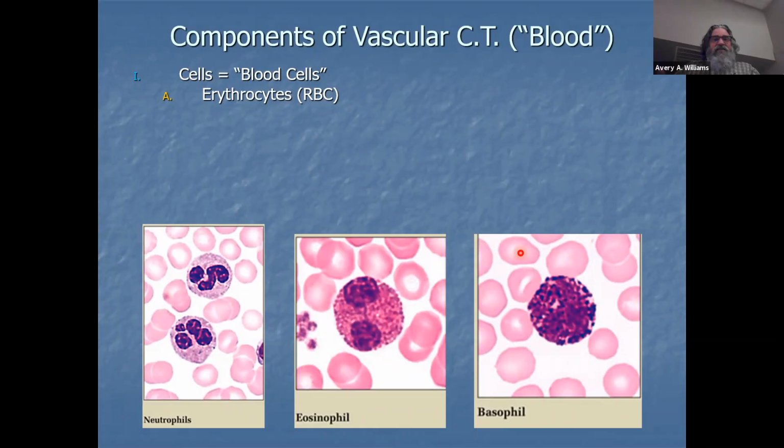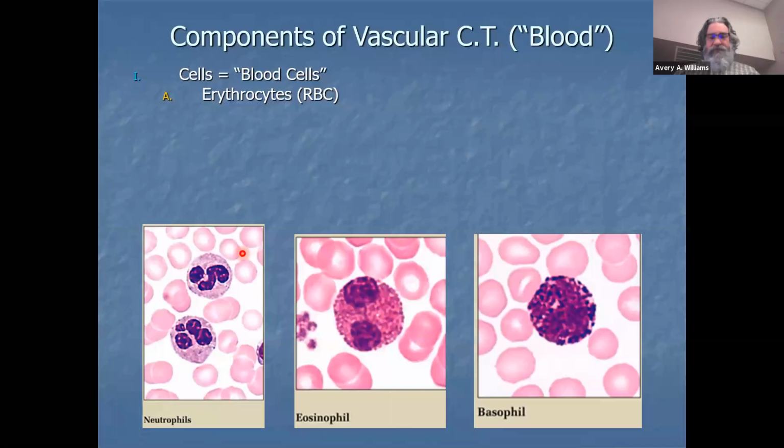Erythrocytes, that's blood, the red blood cells. Remember we talked about that? I know these are 3 slides kind of focused on some other cells, but you obviously see red cells in the background. These are by far the most numerous cell type in blood in humans, and this is true for all mammals.